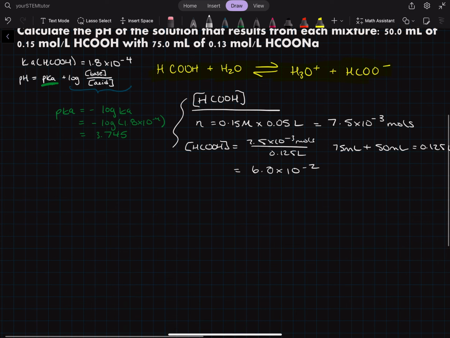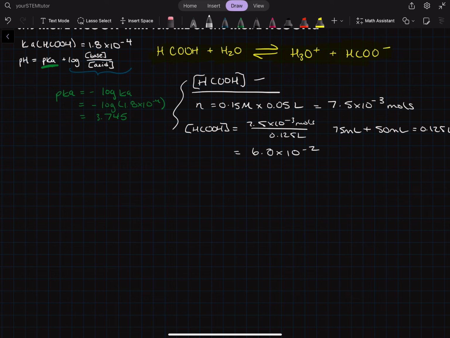So we have that in check, but now we need the concentration of our conjugate base, HCOO minus.